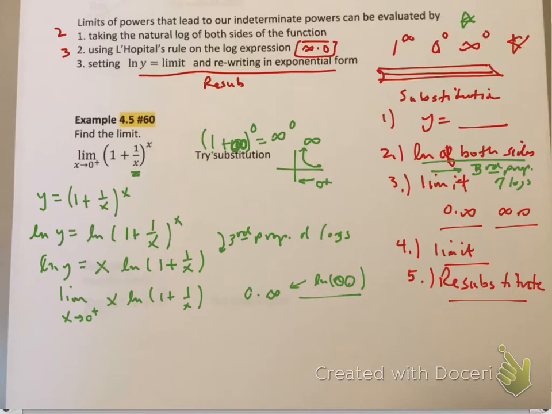So a lot of graphing here you have to think about and do. So I need to rewrite this as a complex fraction, and I'm going to write it this way. And before I actually apply L'Hopital's rule, you see, I did make it a complex fraction.